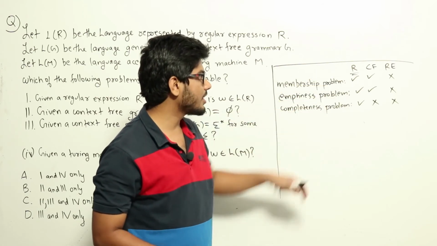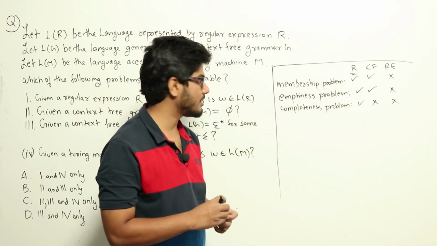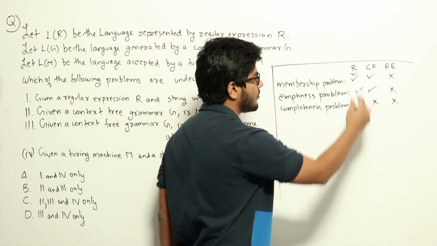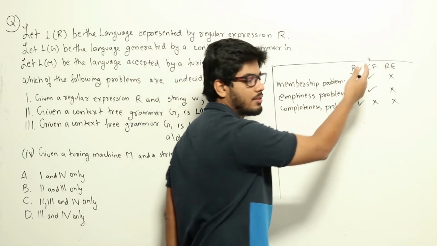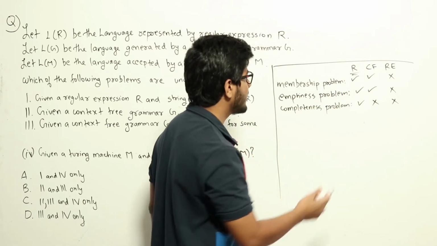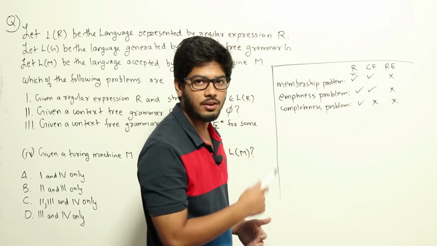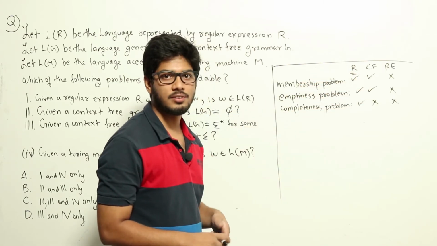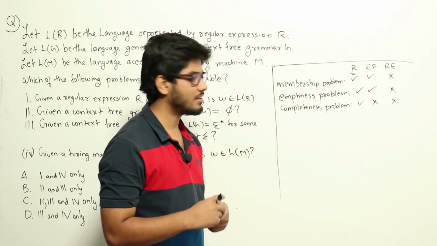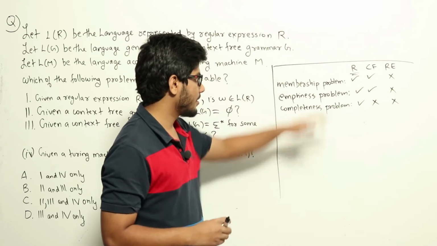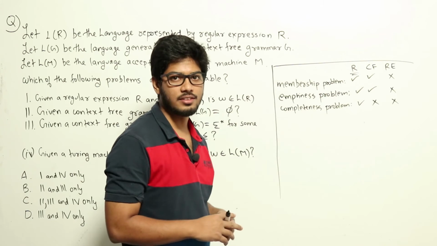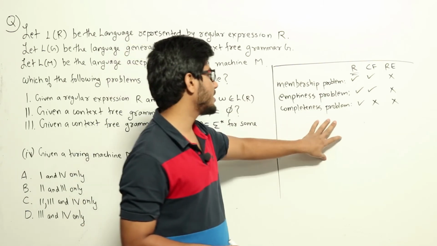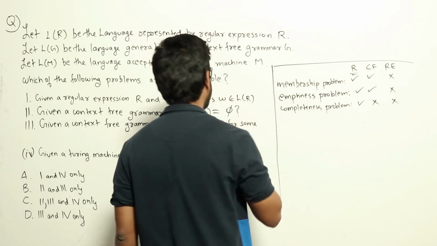There's a table given at the end of theory of computation section which outlines all such problems and decidability of the problems for regular, context-free, recursive, recursively enumerable, and also other types of grammar such as deterministic context-free, context-sensitive, etc. So there's a large table outlining many similar problems given at the end of the section. Please refer to that for understanding how we got this, and also the proofs you can see in the video lectures. So based on this information, we look at the options.